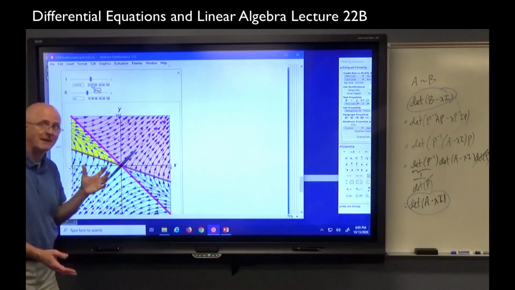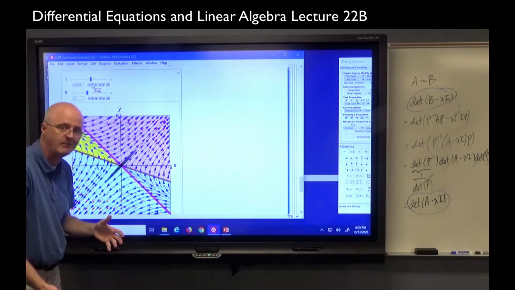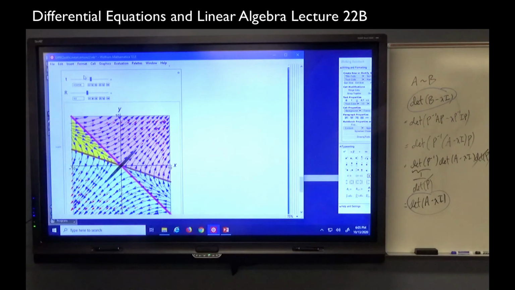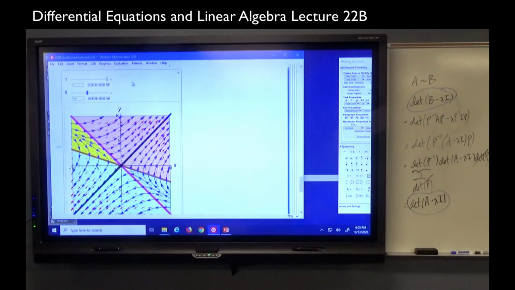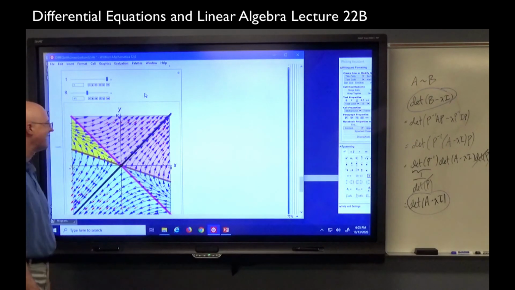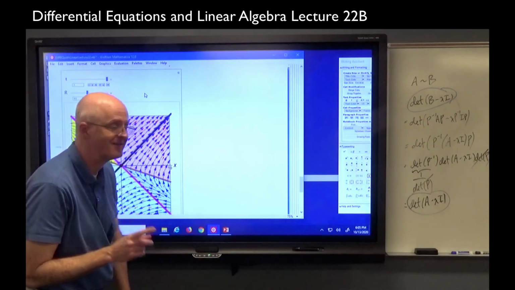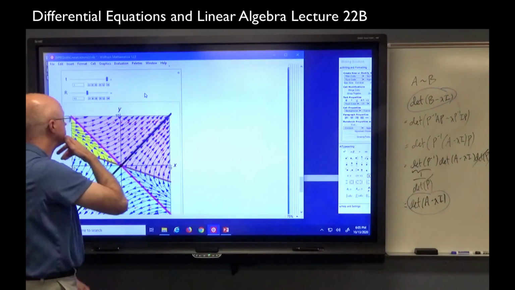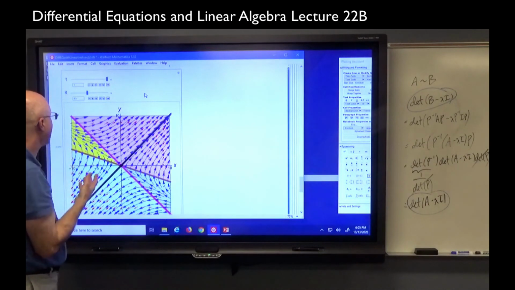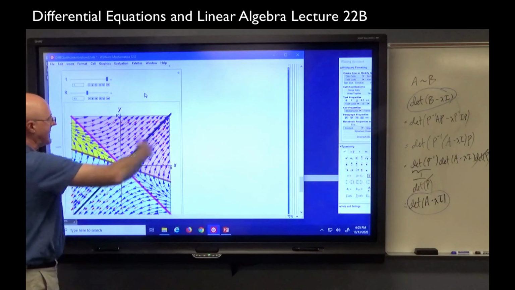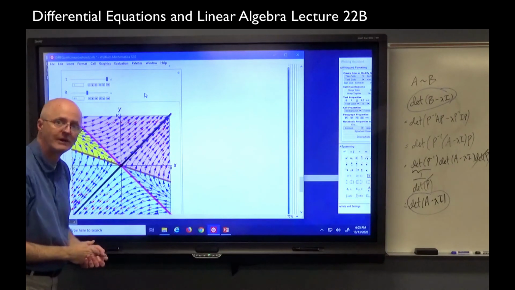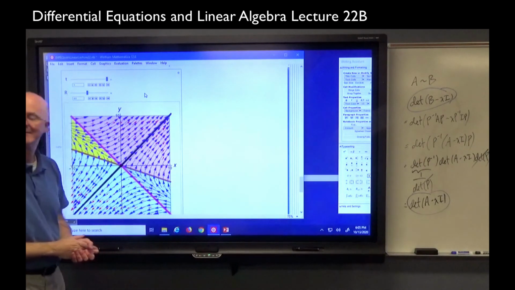The area is not expanded by a factor of 20 because we're not yet to the time 1 map. Actually, the time 1 map makes it go off the screen. And it no longer looks like an ellipse. It actually still is an ellipse, just a very, very long and skinny ellipse. And it turns out that that ellipse, even though you can't see the whole thing, has an area about 20 times bigger than the original disk.